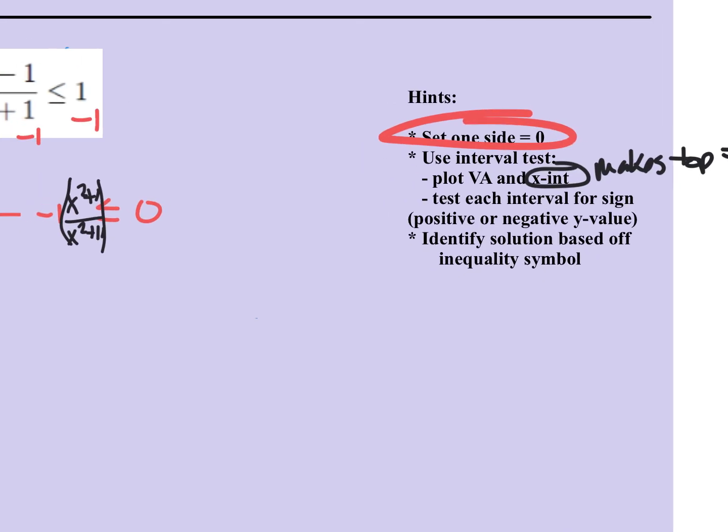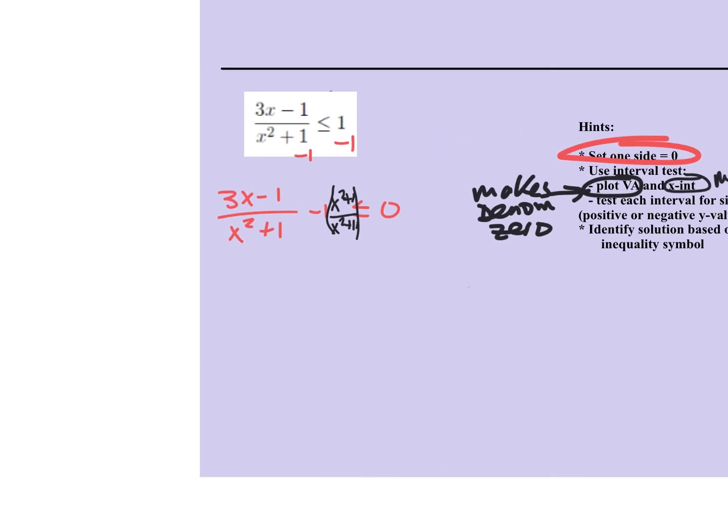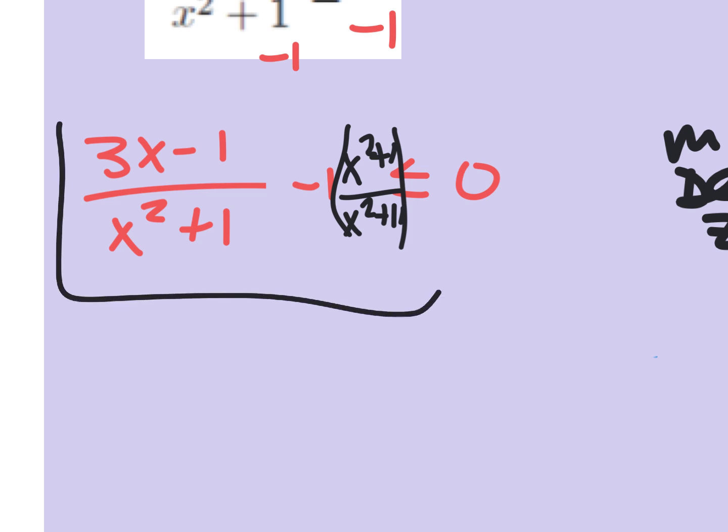And the vertical asymptotes, do you remember how those make the bottom 0? Makes denominator 0. So when you've got this all put together, you analyze and see what would make the top 0. Then you figure out what would make the bottom 0.